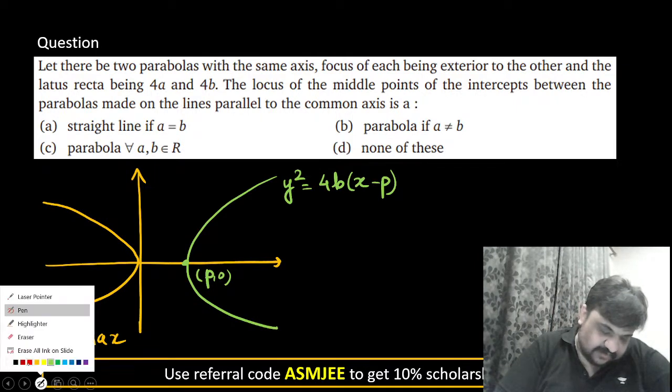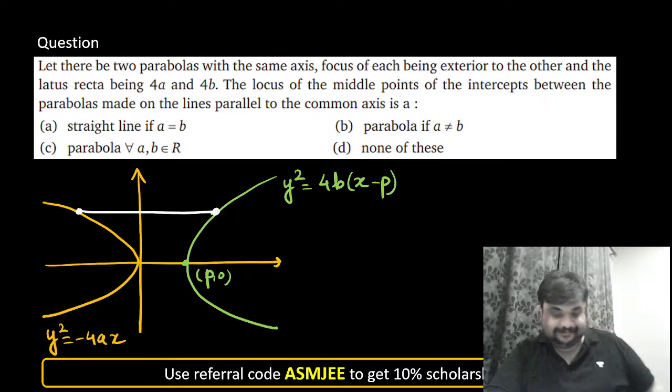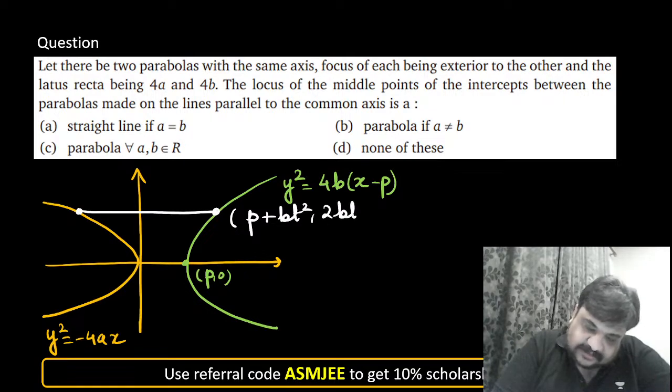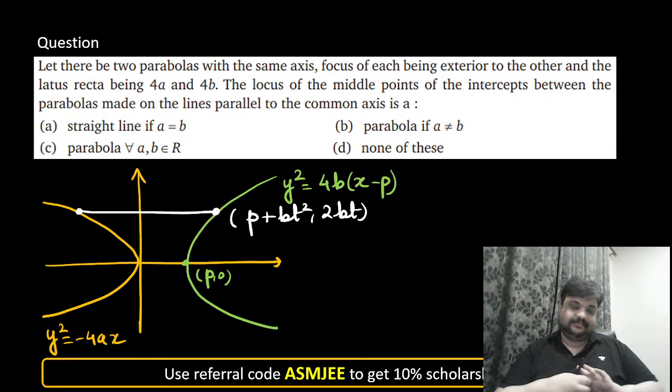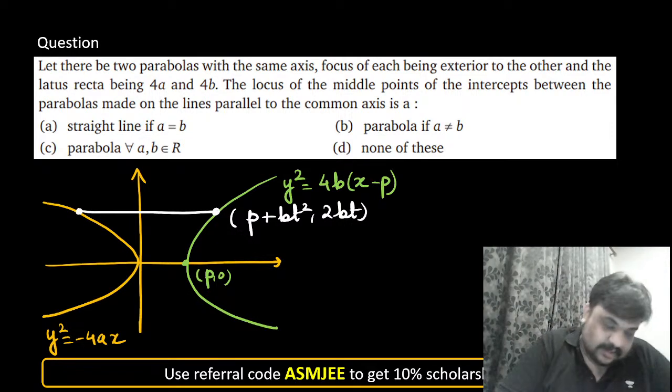So we want to find the locus of the midpoint of these lines. How? So the parametric form here will be (p plus bt square, 2bt).